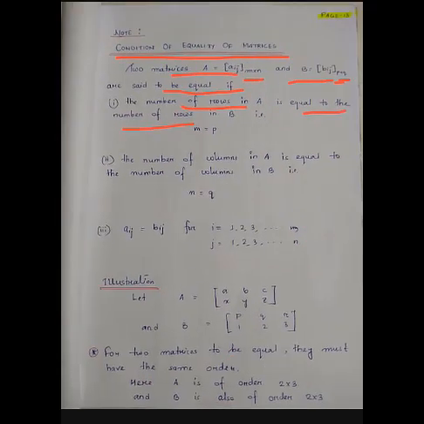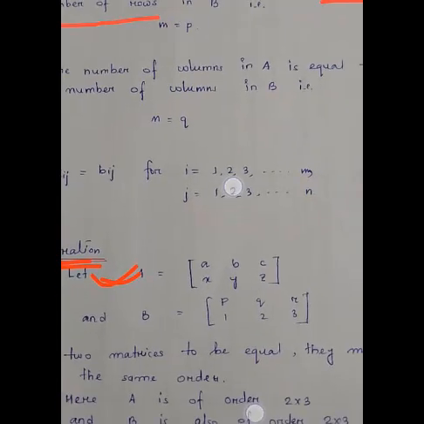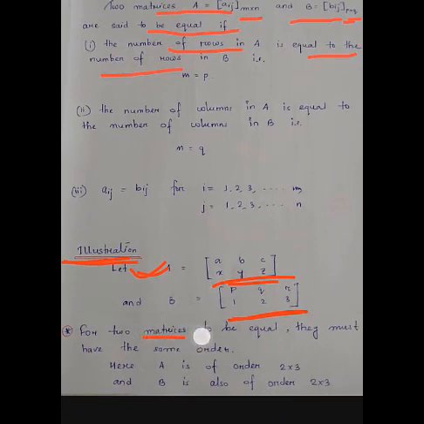Now let us look at the illustration part. For the first two points, we are considering two matrices A and B. These are the elements of A, and matrix B has these elements. For these two matrices to be equal, they must have the same order. We can observe here that matrix A is of order 2 by 3.